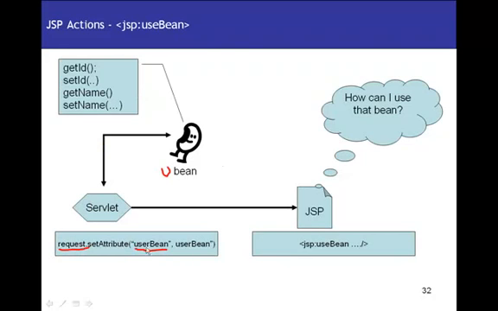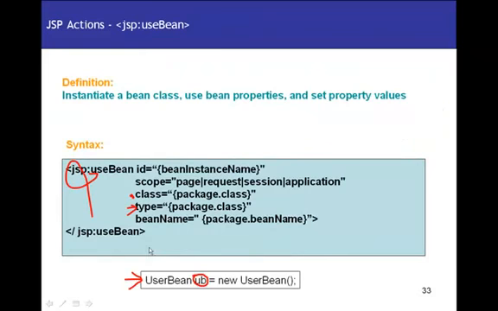So in this particular example, it's going to search the request scope to see if you have set any attribute with the userBean name. But if it hasn't found any attribute set with this attribute name in the given scope, it's simply going to create a new bean with that name for you, right?